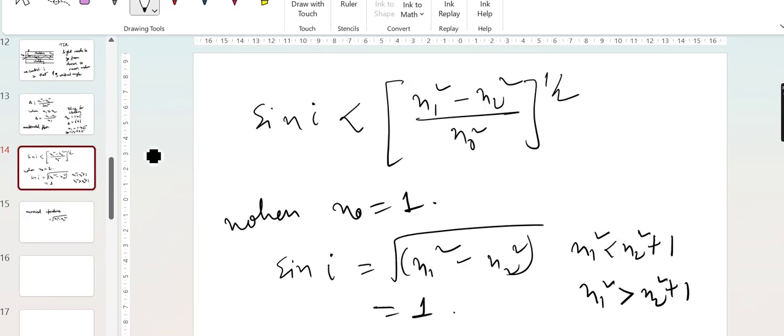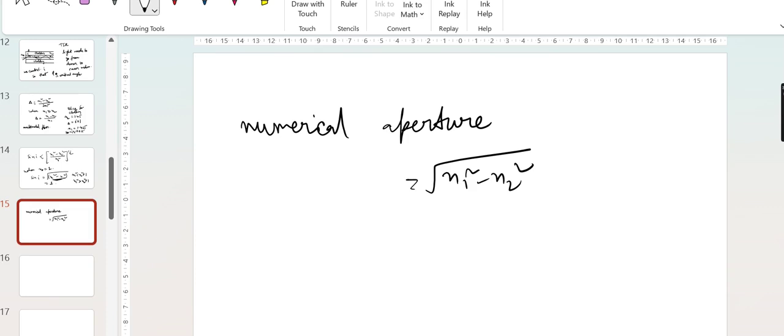Here N1 square is greater than N2 square but less than N2 square plus 1. So you can get the difference between N1 and N2.